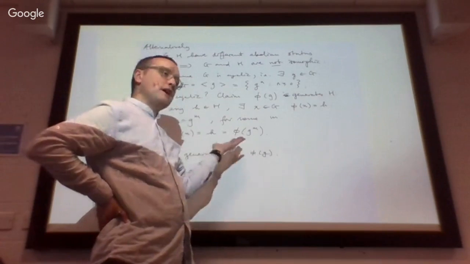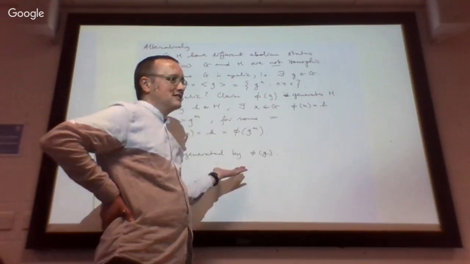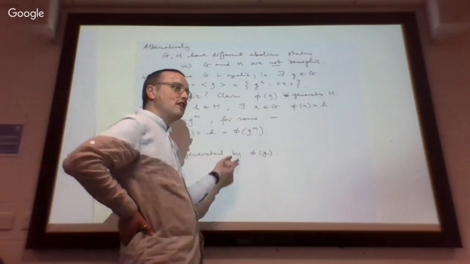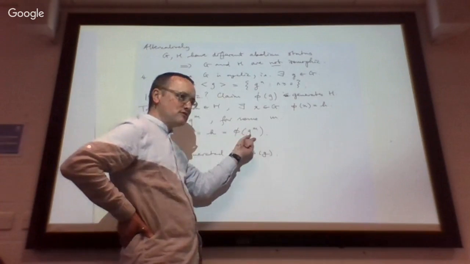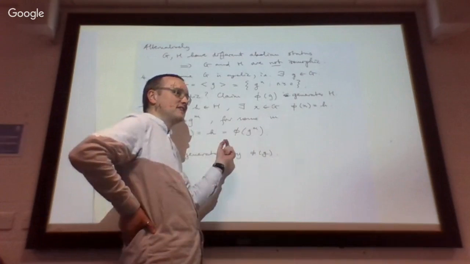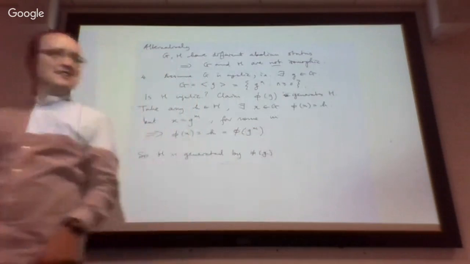So which power of phi of g is it going to be? There's really only one choice. I haven't yet got a power of phi of g. I've got phi of the power of g, not a power of phi of g. So can I shoot that m outside the bracket?